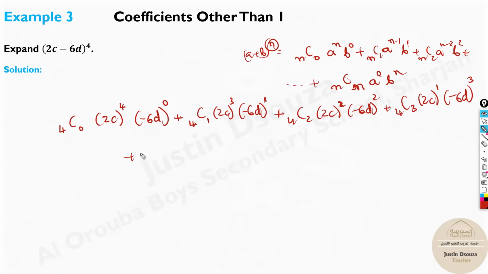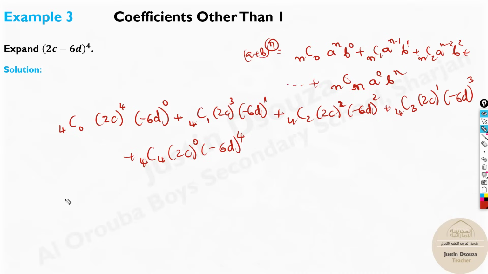And lastly we have plus 4C4, 2c the whole power 0, minus 6d the whole power 4. This is the general formula, and now I've used the power 4 and these a and b values.